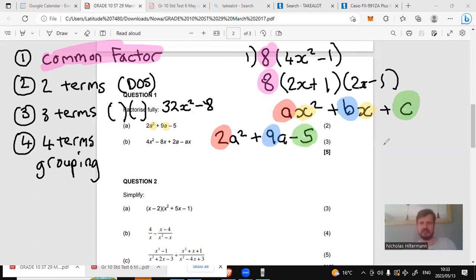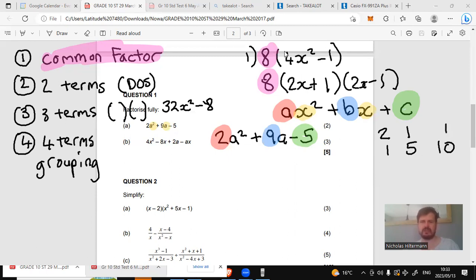On the side, we try the factors of 2, which are 2 and 1, and the factors of 5, 1 over 1. 2 and 5 makes 10, and 1 and 1 makes 1. And what am I looking for?